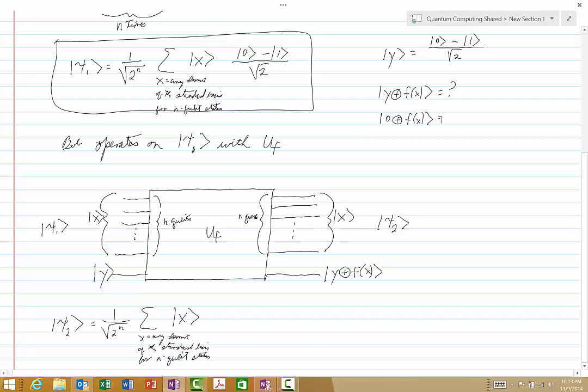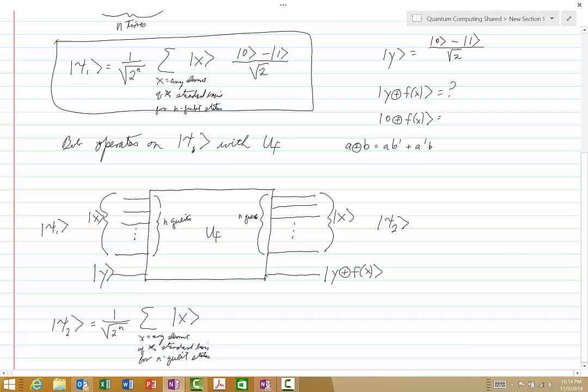Okay, 0 exclusive or f of x will be equal to f of x. Remember that a exclusive or b is a b prime ORed with a prime b.